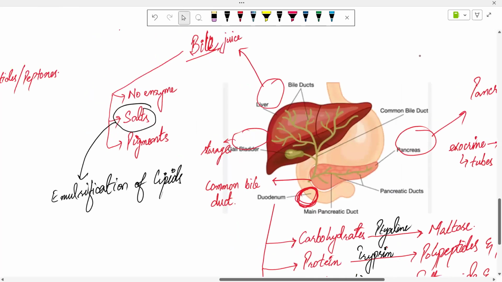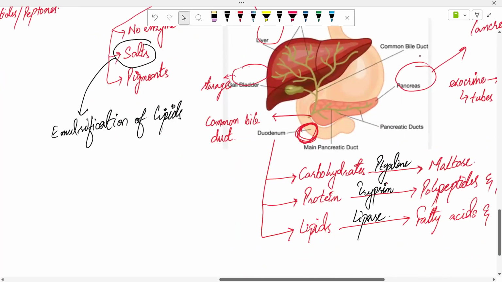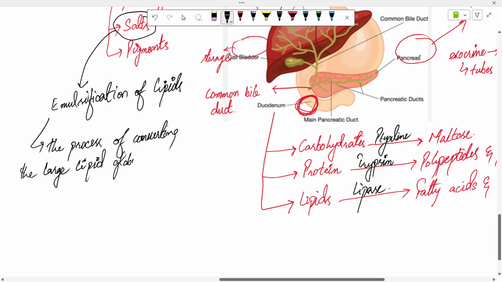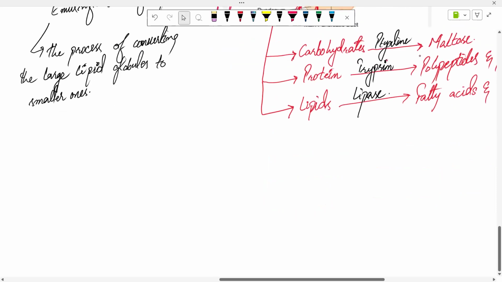Emulsification is the process of converting large lipid globules to smaller ones for the process of digestion with the help of lipase.